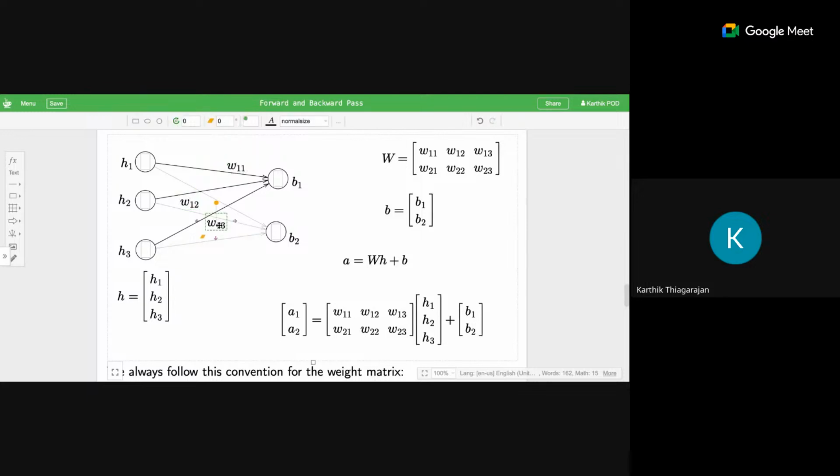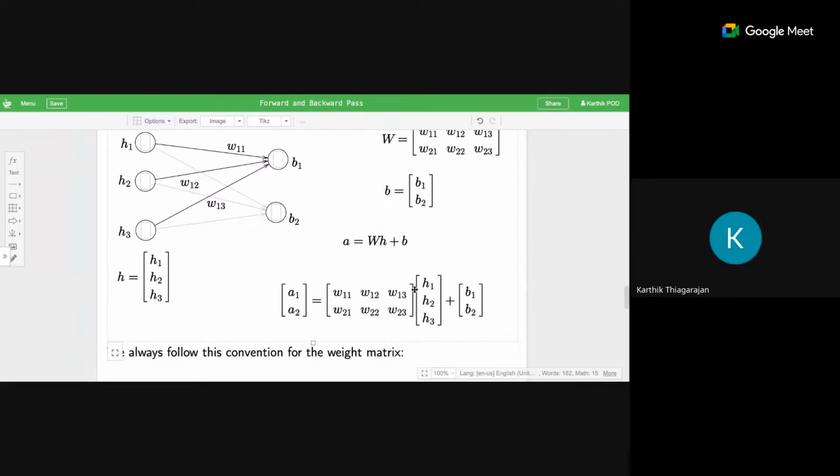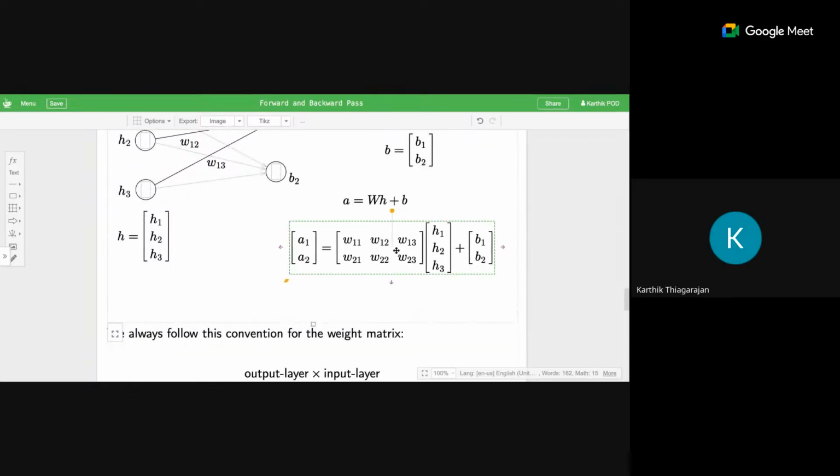W11, W12, W13, that is the first row. You are taking a dot product essentially, right? So W11 H1 plus W12 H2 plus W13 H3. That's the linear combination. Plus B1 is A1, right? Likewise, the other 3 weights which are grayed out, you will multiply with H1, H2, H3 and add B2. So that will be A2.